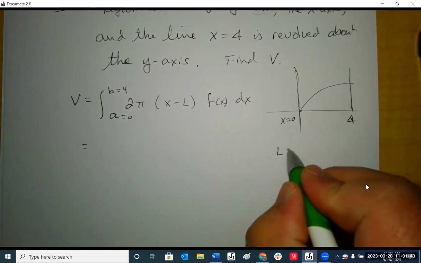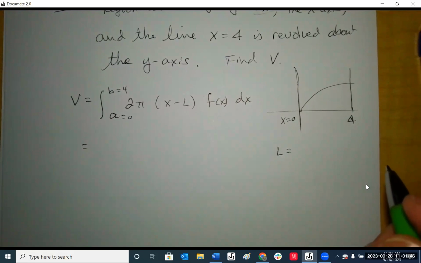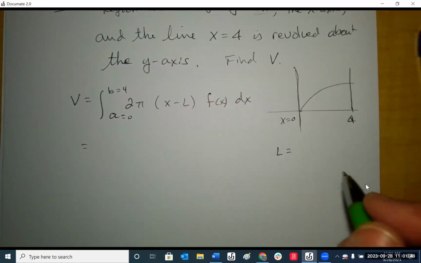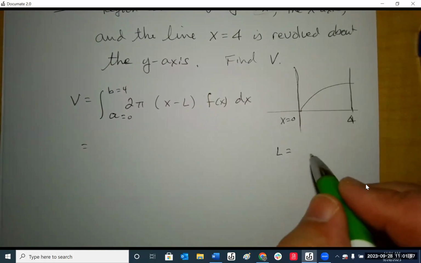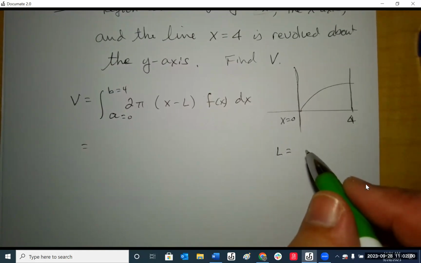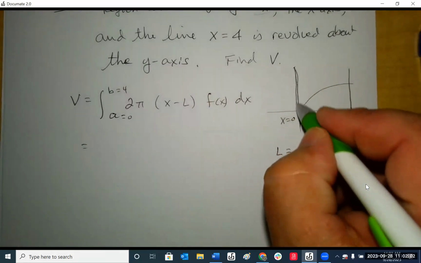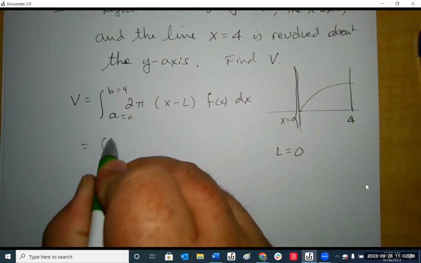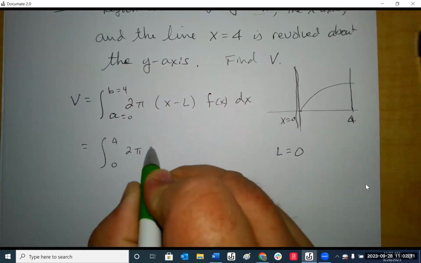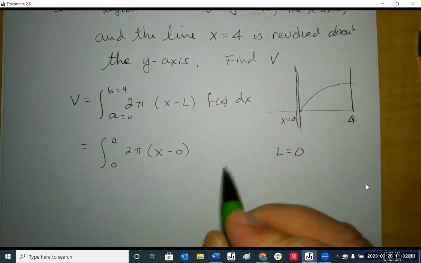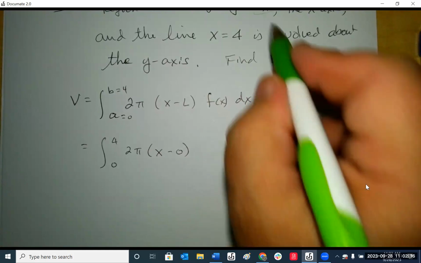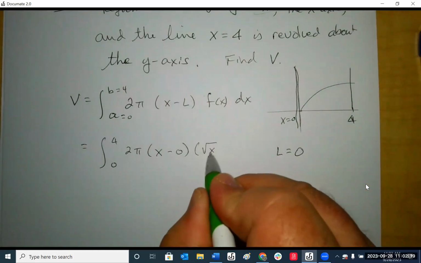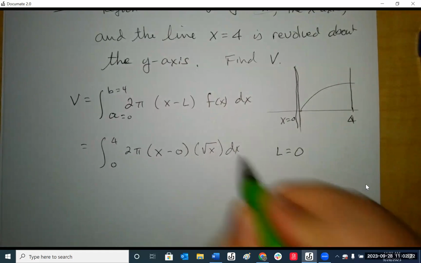What is L? What x value is L? L is the line it's rotating around. It's rotating on the y-axis, so it's 0. So here we have the integral from 0 to 4, 2 pi, x minus 0, the function is square root of x, dx.